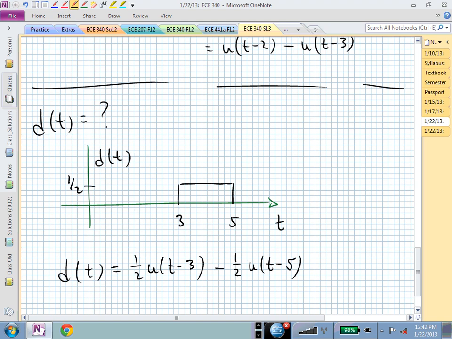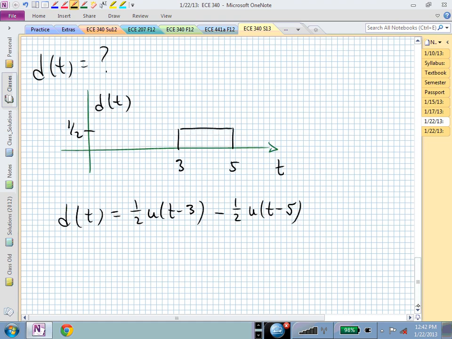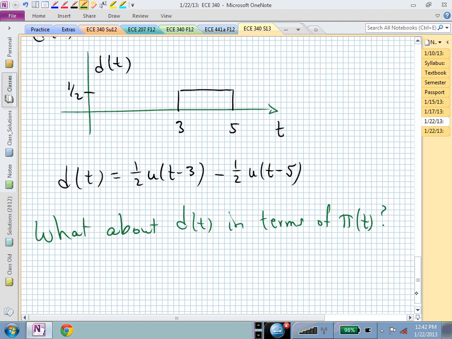Now what we want to do, though, is write d of t in terms of pi of t. What are the adjustments to pi of t that need to be made? We need to scale the magnitude, don't we?